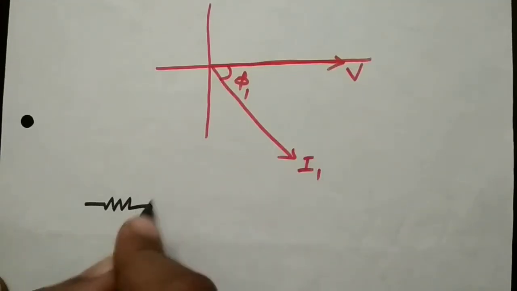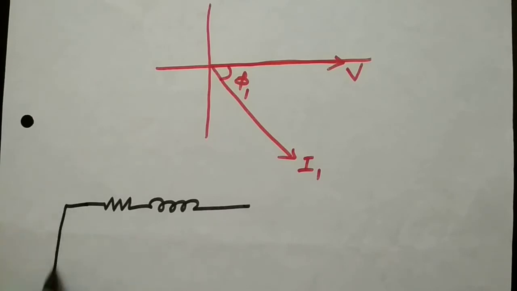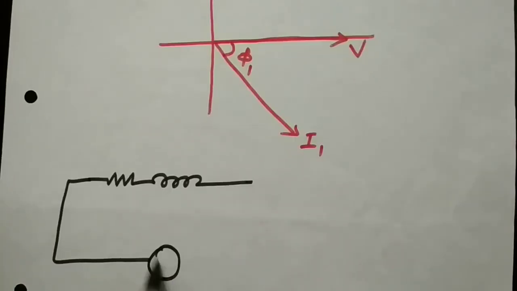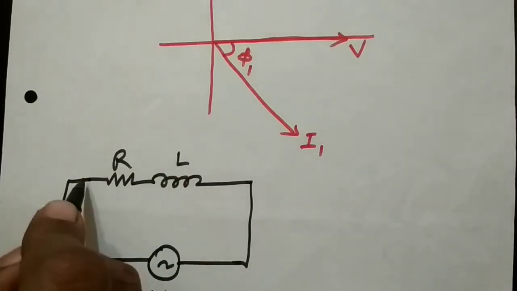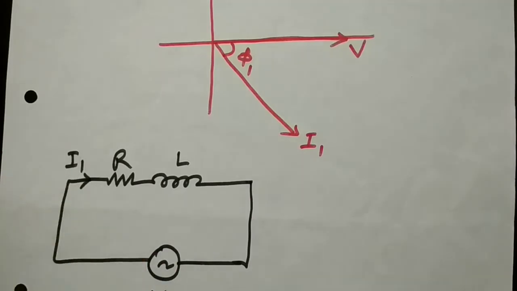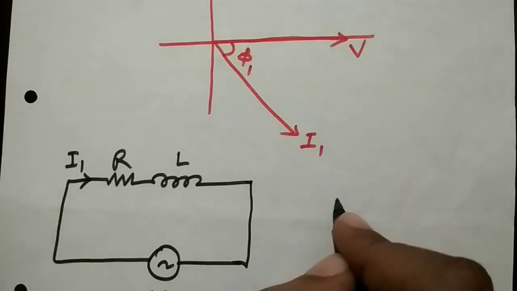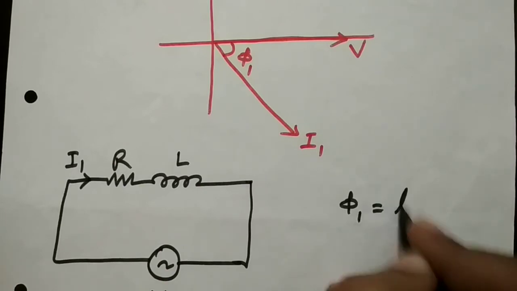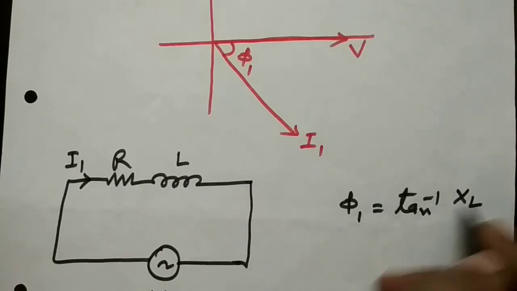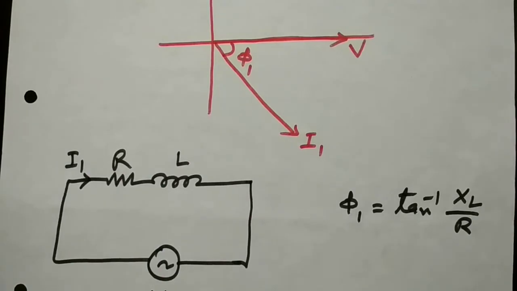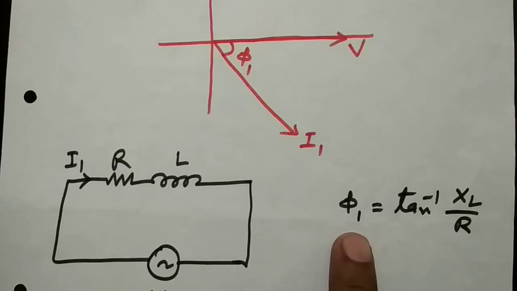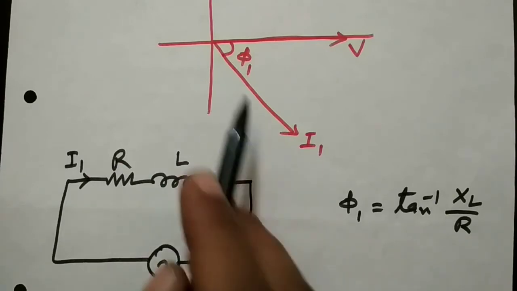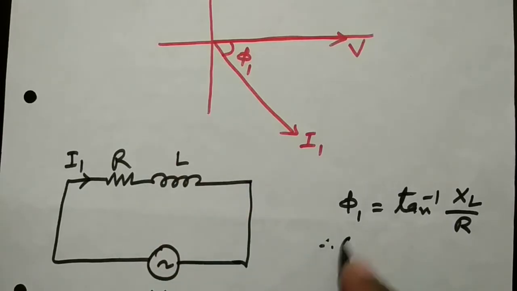Let's say this is a resistive inductive circuit connected across a supply voltage V, and the current flowing here is I1. The phi 1 is the phase angle. It should be tan inverse XL upon R. Depending upon the inductive reactance and the value of resistance, we can calculate phi 1. Let's say phi 1 is very high. So the power factor, cos phi 1, is low.